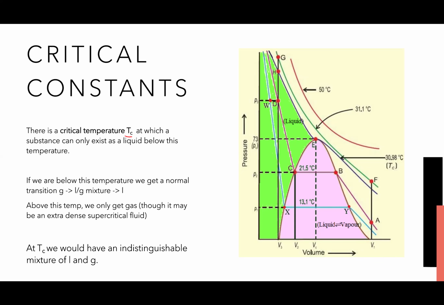Again, this is the critical temperature, T sub C. It can only exist as liquid below this temperature. If we are below the temperature, we get the normal transition of gas to liquid gas mixture to liquid, a normal transition like B to C here. We get some mixture, and then we go to pure liquid. Above the temperature, we only get gas.